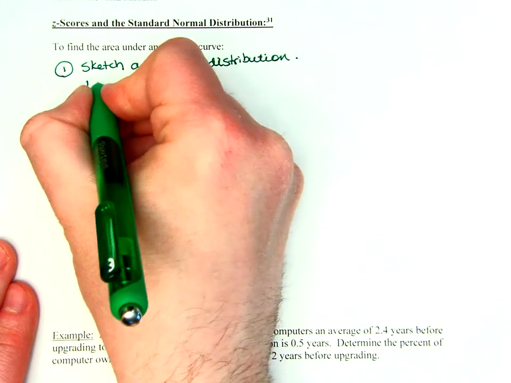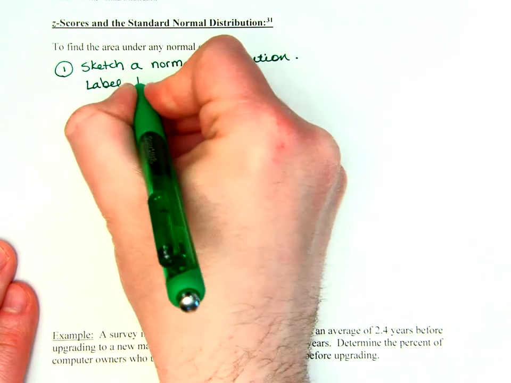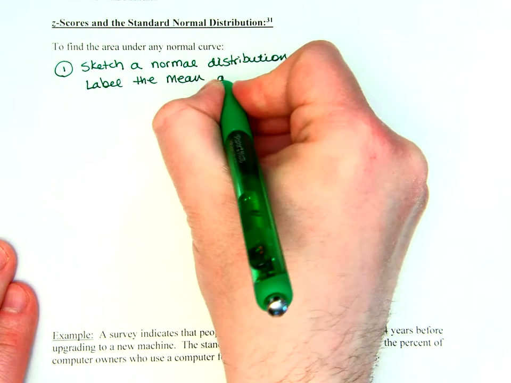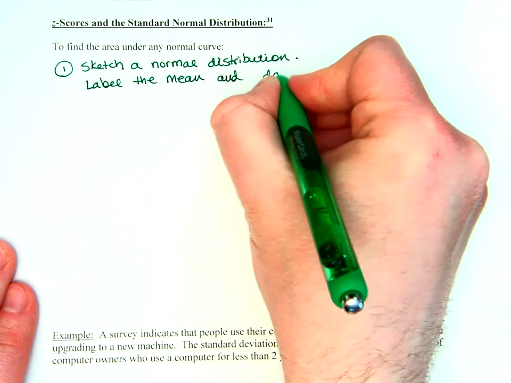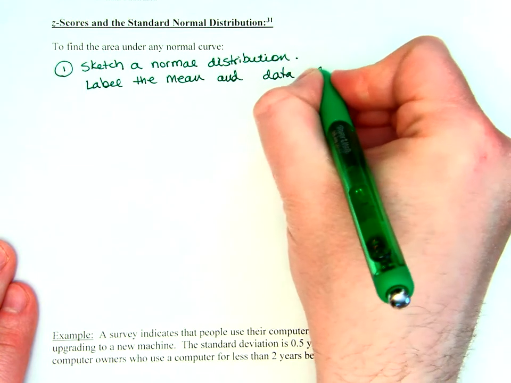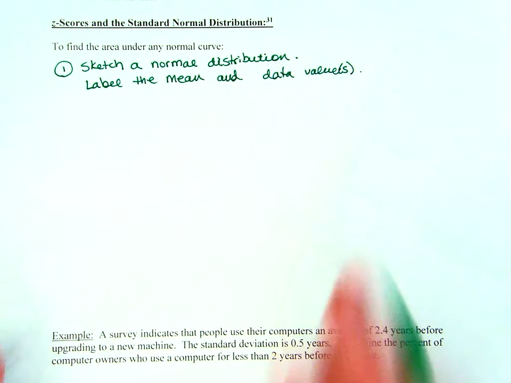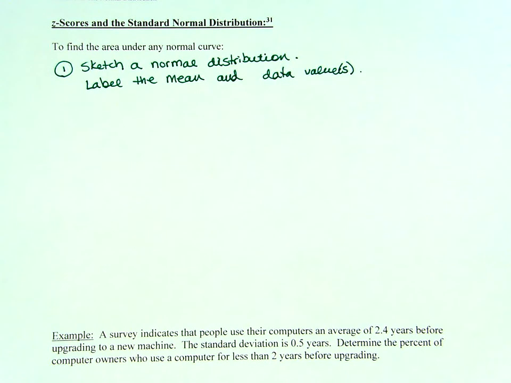I am going to label the mean and our particular data value, or values if there's more than one. The first thing I'm going to do with any of these problems is sketch a normal distribution, label the mean and the data values.